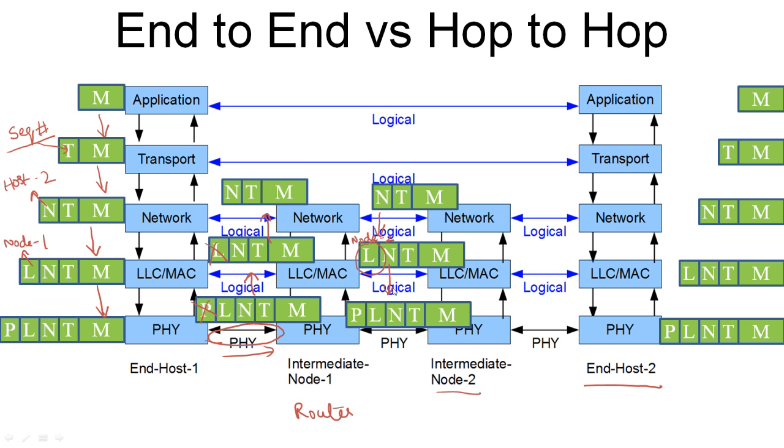Then again it goes up, it comes down, and finally at end host 2, this message goes up, and as it goes up, each of these headers is removed, and finally the message is delivered to the email process that is running on end host 2. So this is how the message flows through the protocol. And this is how the peers also communicate, basically by piggybacking control information on the messages. So they communicate with each other in this particular fashion.